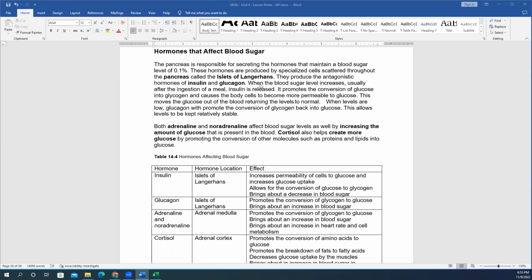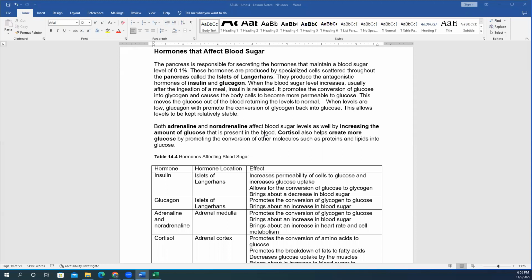And these, again, are antagonistic hormones, meaning that they act to counteract each other. When blood sugar levels are increased, which is usually what you have after you've had a meal, you have a release of insulin. And this insulin helps to change glucose into glycogen and causes the body's cells to become more permeable to glucose so that glucose can more easily enter the cells.